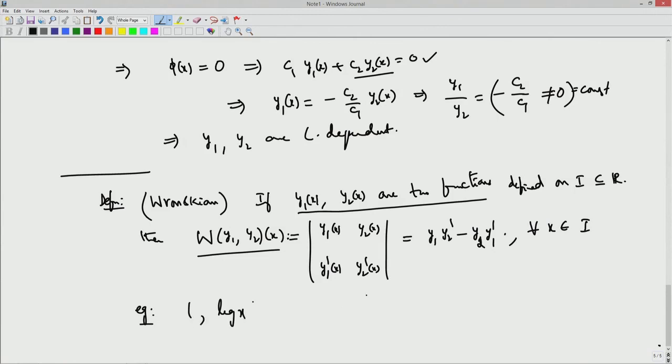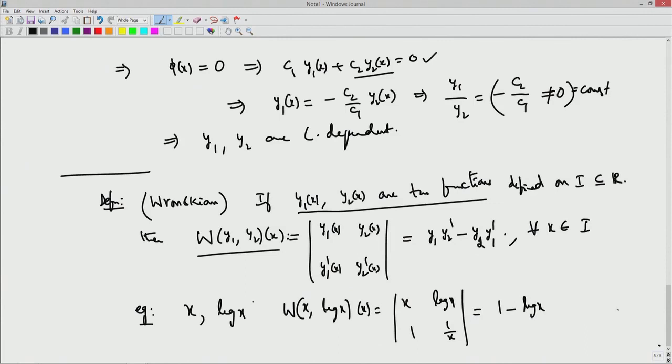What is the Wronskian of these two functions? We will define the domain later. The determinant has first row 1, x log x, and second row 0, log x plus 1, which gives the Wronskian 1 minus log x.